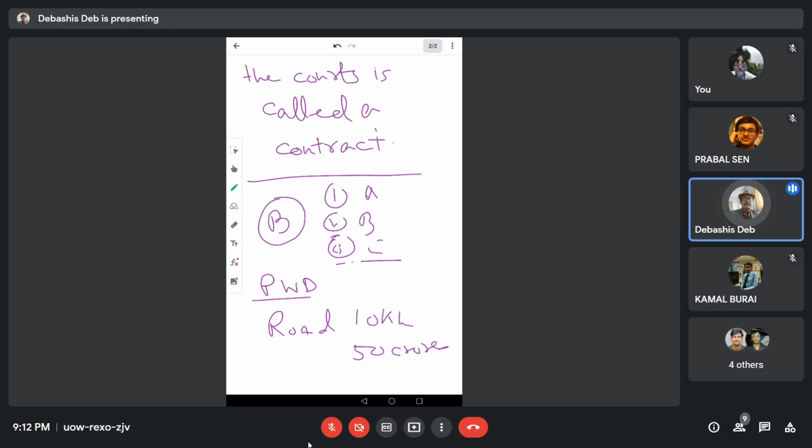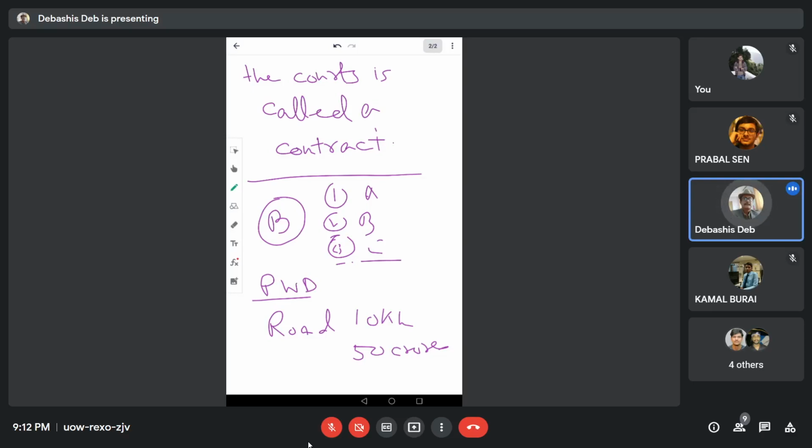In that case, it is not the case that my friend did not turn up. Here in this case, my consideration is that he has been given the job for construction of the road. I'll be getting the 10 kilometer road, and he'll be getting from me rupees 50 crores.